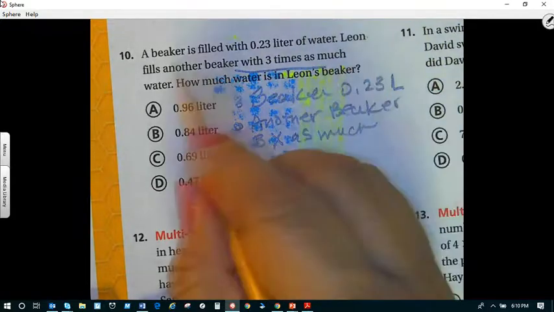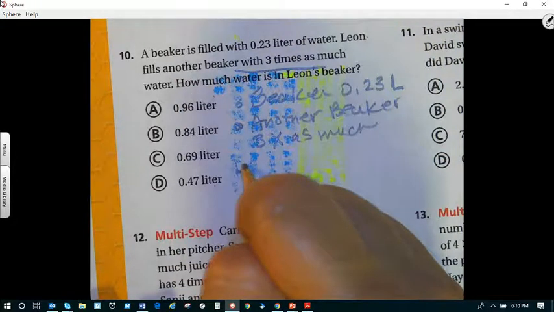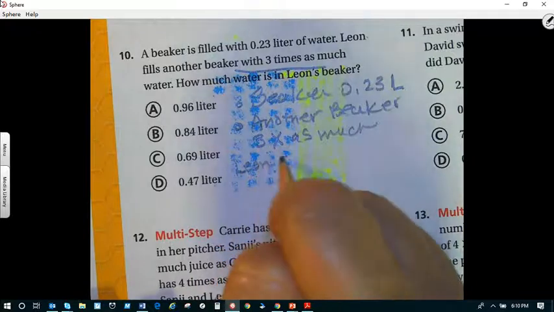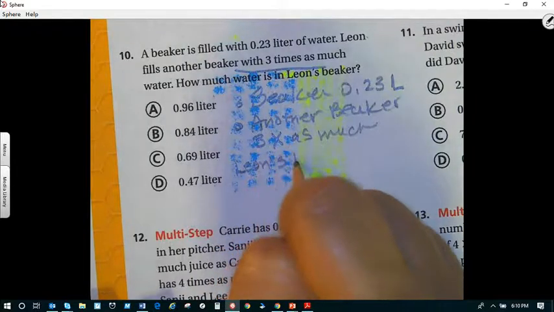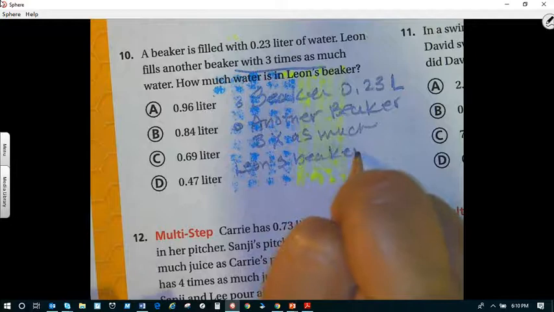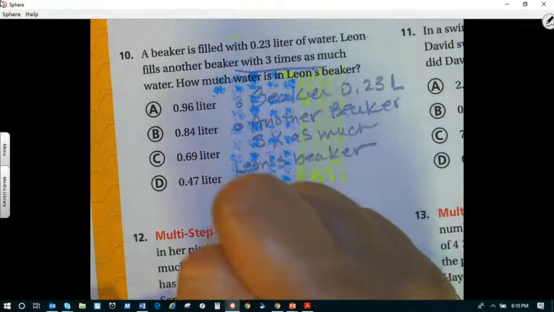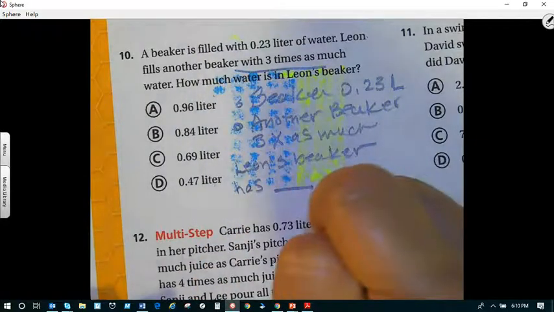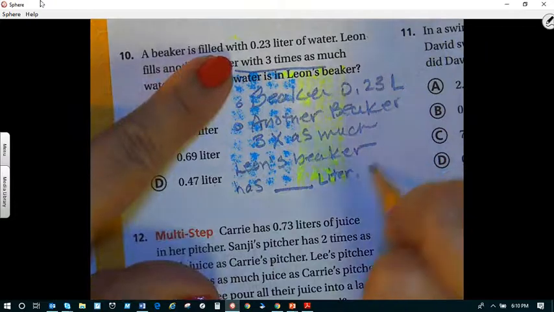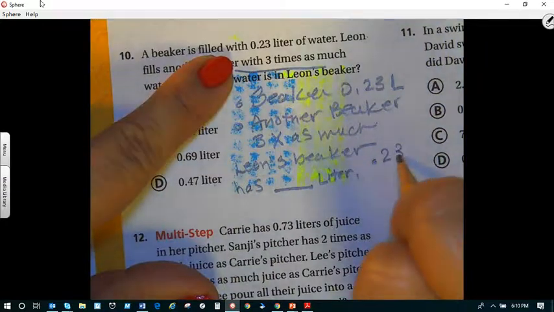So this is Leon fills another beaker. So Leon's beaker has blank liters. All right, so now I'm at 2,300 3 times.